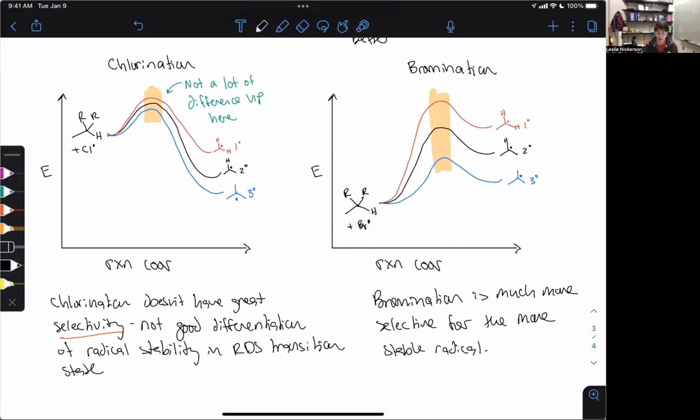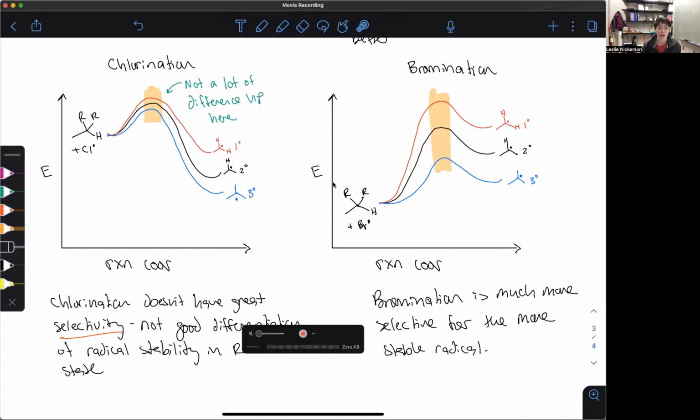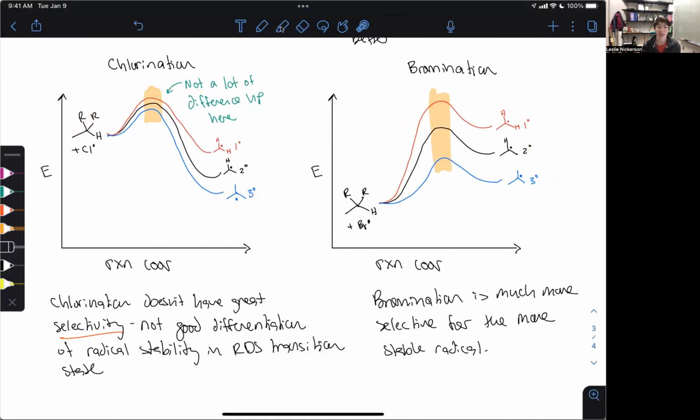Okay, and a lot of that is thanks to this endothermic process compared to this exothermic process. Alrighty, so as always, let me know if you have any questions, and hopefully this kind of cleared up some stuff with that thermodynamic math portion of the radical chemistry.